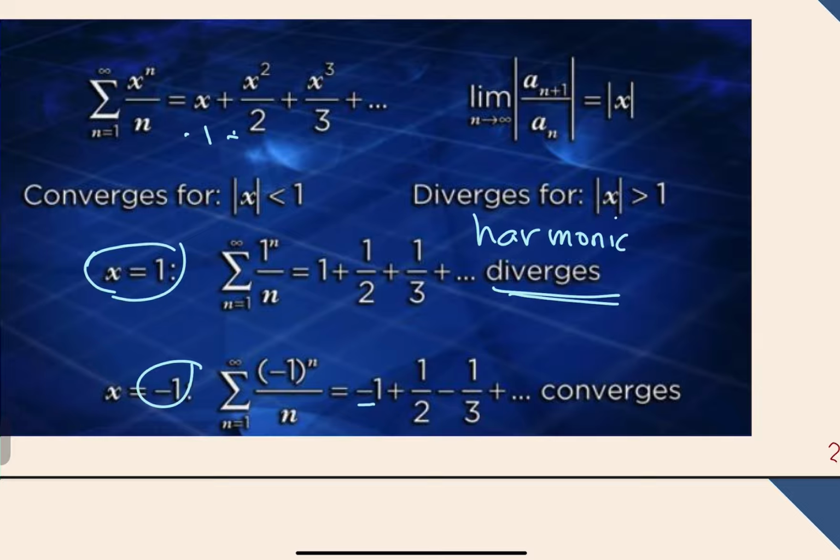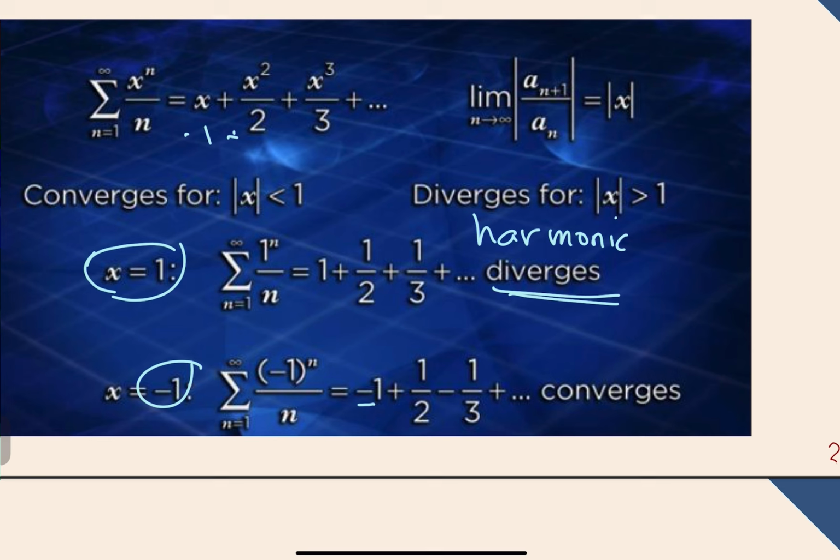When n is 2, negative 1 raised to 2, positive 1 over 2, so it's 1 half. So it's going to be negative 1 plus 1 half minus 1 third plus 1 fourth. So that's the negative of the harmonic series, isn't it? So it's an alternating series, but it starts at negative 1 instead of a positive 1.